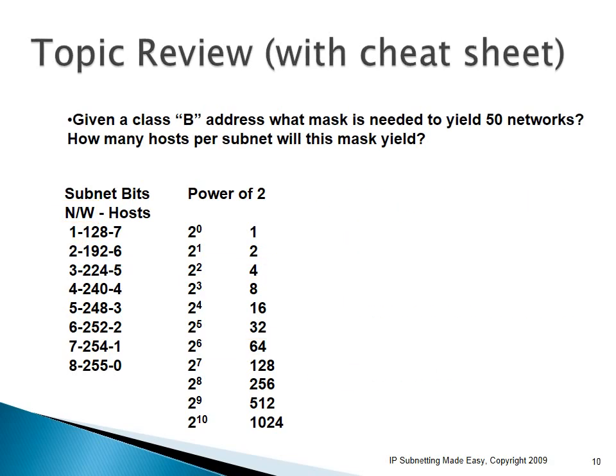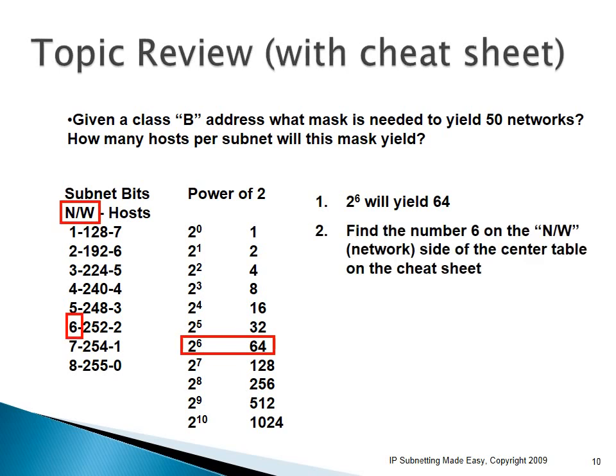Let's try one more 2-part question. Given a Class B address, what mask is needed to yield 50 networks? How many hosts per subnet will this mask yield? 2 to the 6th will give us 64. If we look on the network side, we see that 6 corresponds to 252.